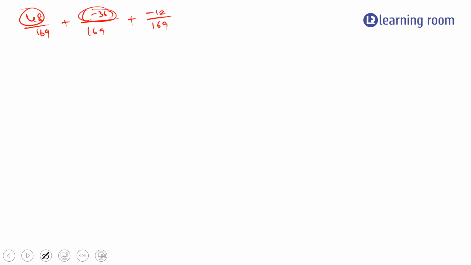The 48 minus 36 minus 12 is minus 48. So 48 minus 48 is going to give you a 0. Similarly, if you do for the other two lines, you will get it. So that part I am leaving it.